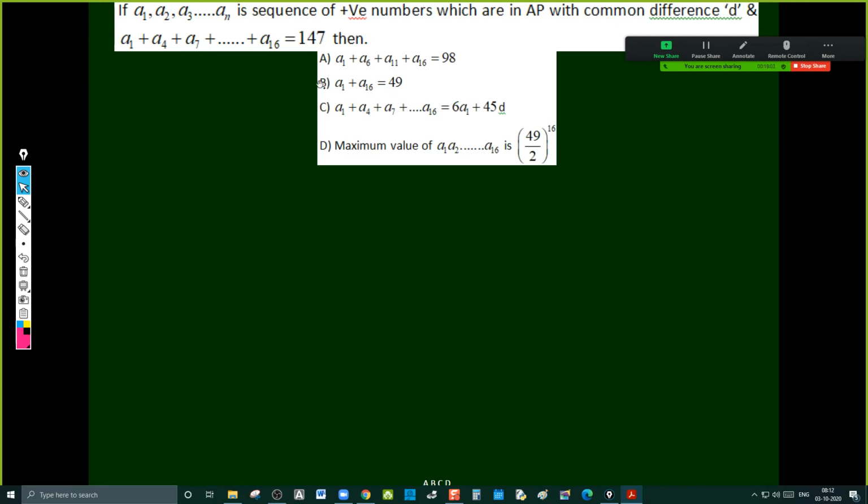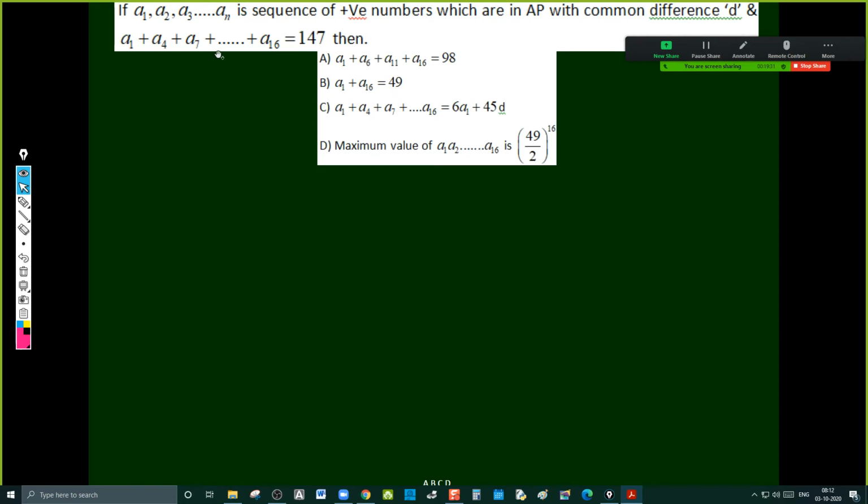Then the options: A1 plus A6 plus A11 plus A16 is equal to 98; A1 plus A16 is equal to 49; A1 plus A4 plus A7 and so on plus A16 is equal to 6, A1 plus 45D; the maximum value of A1, A2, and so on, A16 is (49/2) to the power 16. Let us check it out.